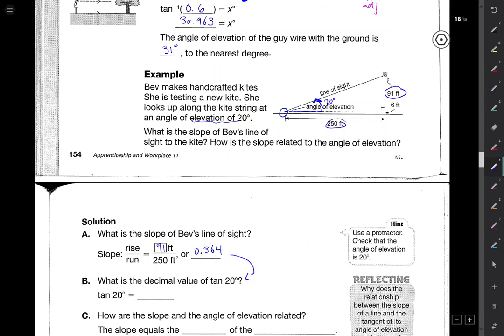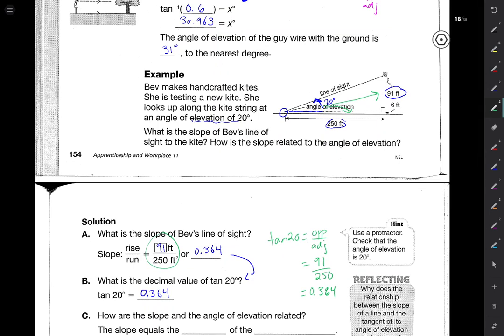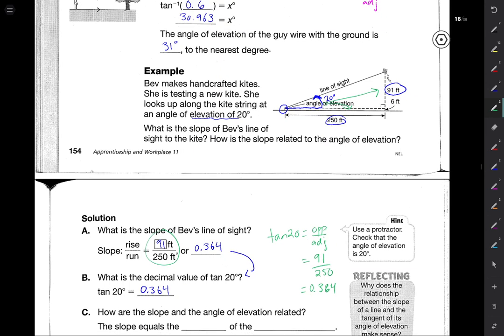The tan of 20 degrees is equal to 0.364. The reason for that is the tan of that 20 degrees is equal to opposite over adjacent. The opposite of this angle is 91, and the adjacent is 250. So really, we're just doing the exact same calculation that we did over here. That is why the tan of 20 degrees is equal to 0.364.